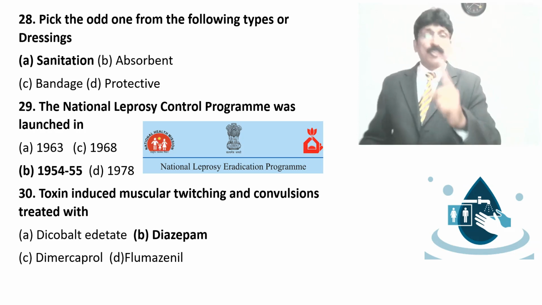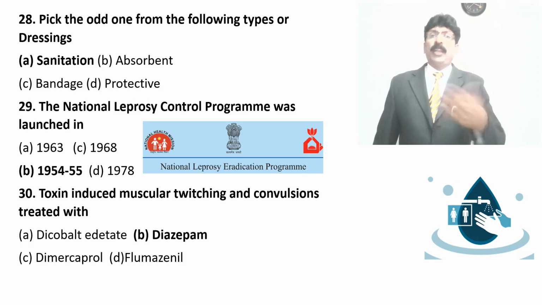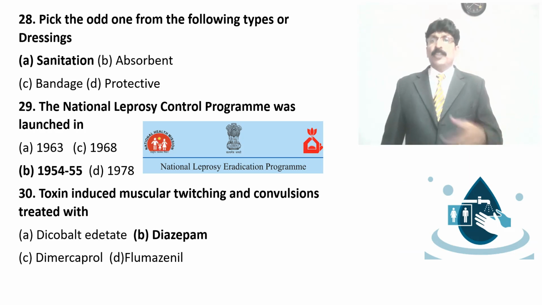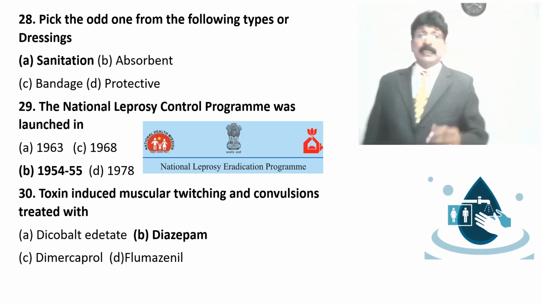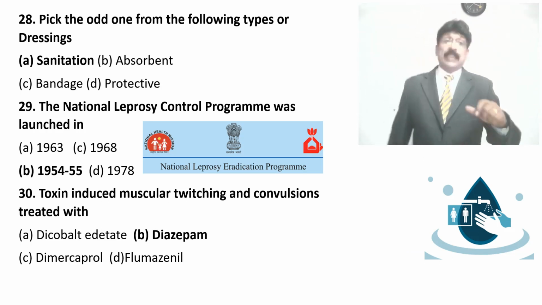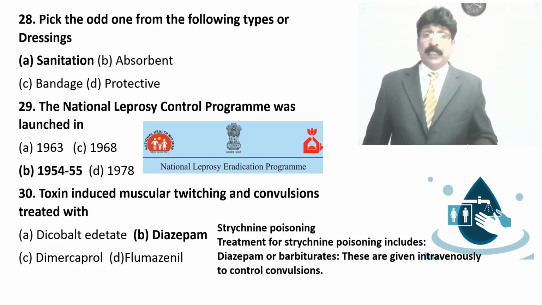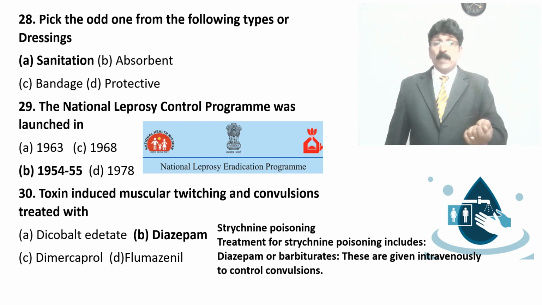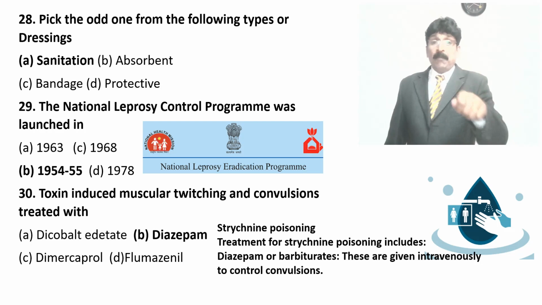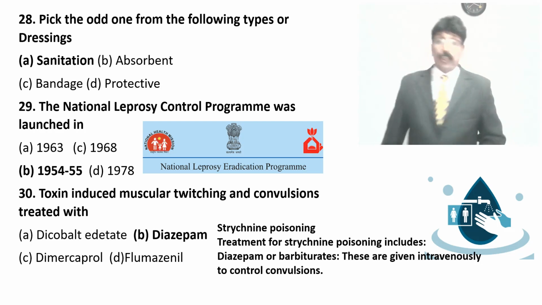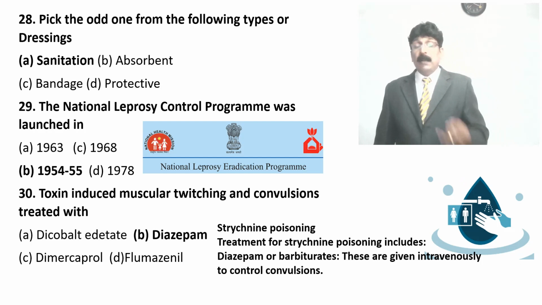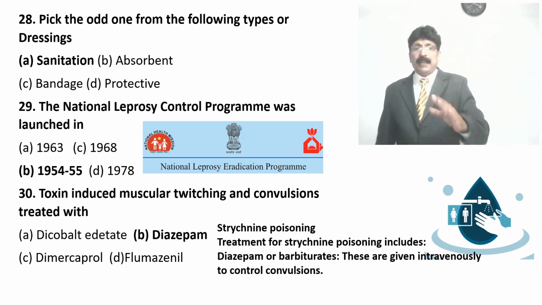You should remember that a toxin like strychnine can cause this type of muscle twitching and convulsion when poisoned. Treatment of strychnine poisoning includes diazepam, and barbiturates can be given, usually intravenously to control the convulsion.